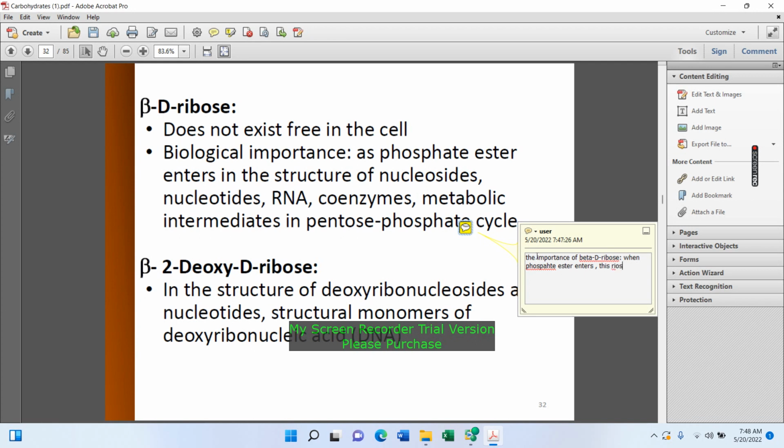This ribose acts as a metabolic intermediate in the pentose phosphate cycle, and it will take place in the structures of nucleotides, RNA, coenzymes.